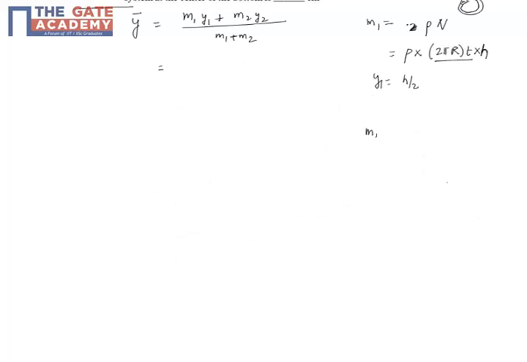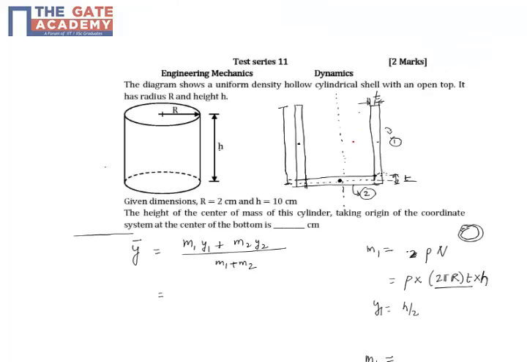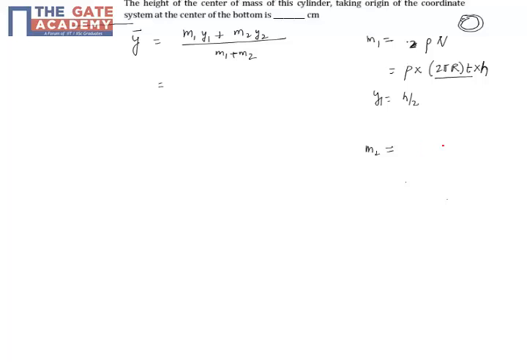Now m2 is basically a circular disc, till this much. The radius is r, so pi r square is the area, into thickness gives the volume, into density gives mass 2.